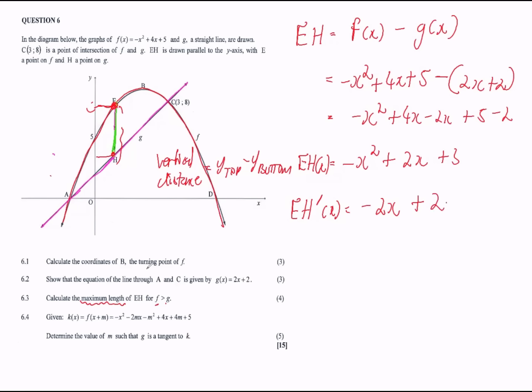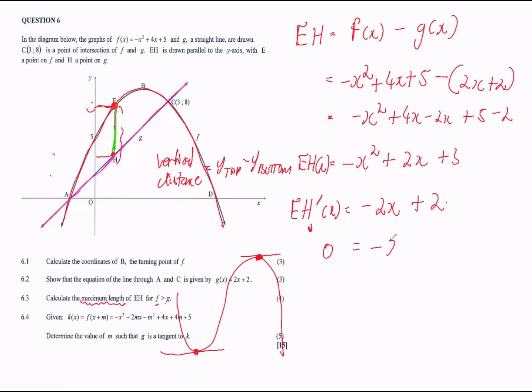Now remember, when we derive, we should equate to 0 because the maximum or minimum length represents the stationary points. And at the stationary point, we usually say the gradient there is 0. Remember, derivative means it's the gradient formula. So what is the gradient at maximum points or minimum points? The gradient at maximum or minimum points is actually 0. Hence, we always equate to 0 if we want to find the maximum or the minimum.